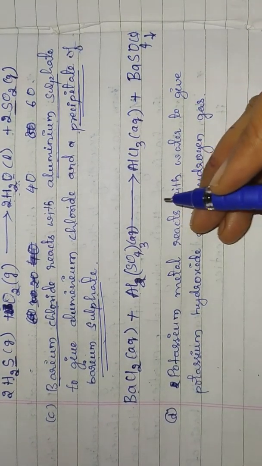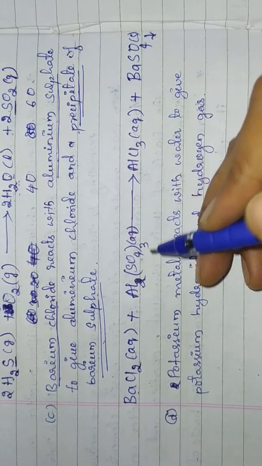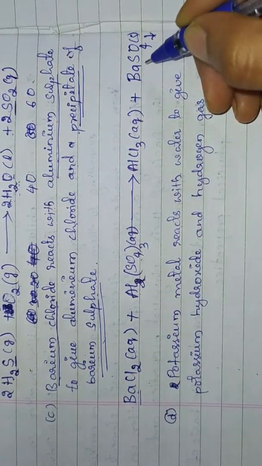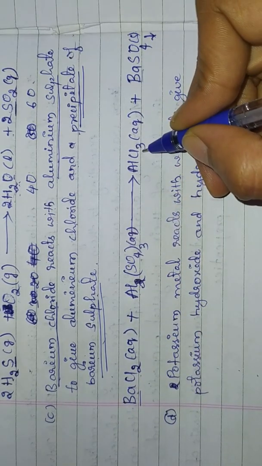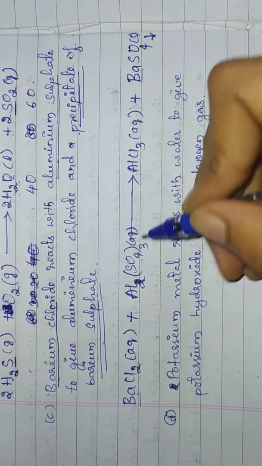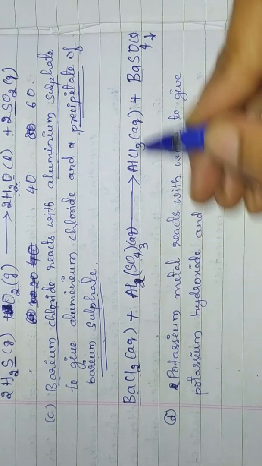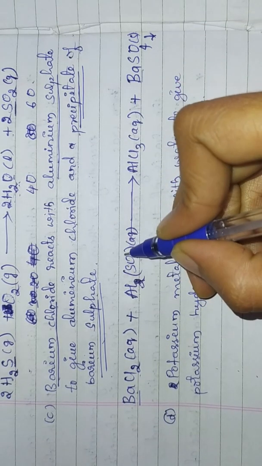See now whether the chemical equation is balanced or not. Here 1 barium, here also 1 barium. Here 2 chlorines, but here 3 chlorine atoms are there. Also see here 2 aluminium, here 1 aluminium is there. Now see the sulfate.